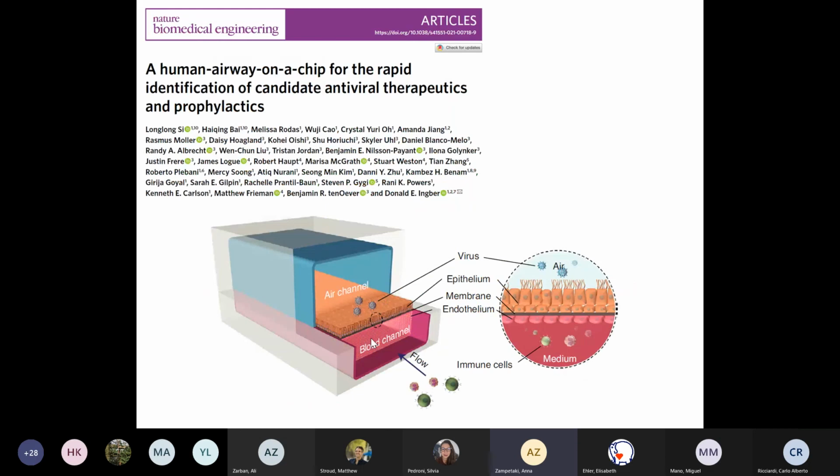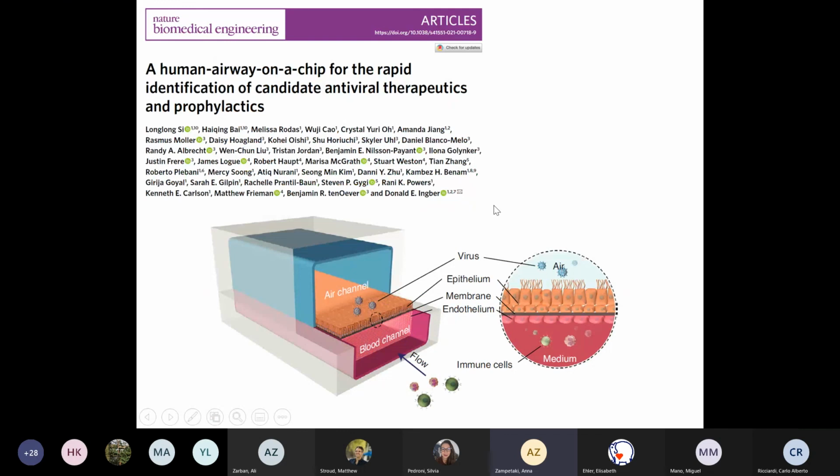And also you can have an airway, human airway on a chip where you have the epithelial cells in one chamber and the endothelial cells with circulating immune cells, neutrophils in that case, on the other side.